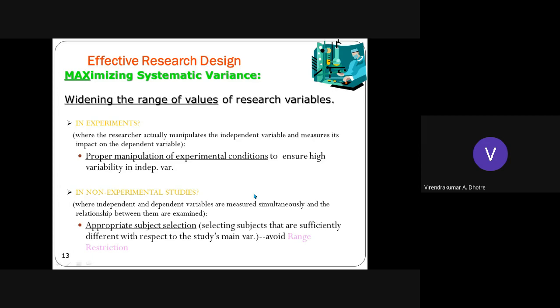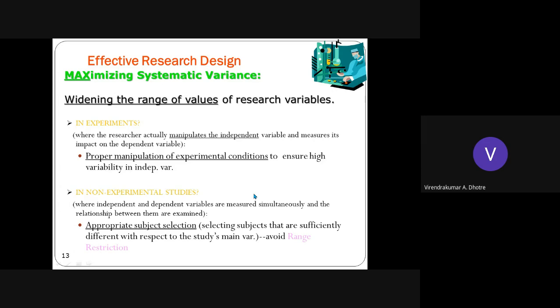Now, again here also we will implement the same methodology, same process, that we will not restrict the range, we will widen our range. We'll go for selecting maximum samples. If out of 1000 we are selecting 600 samples, we try not to restrict to only 600. If possible, we go for 700, 800.